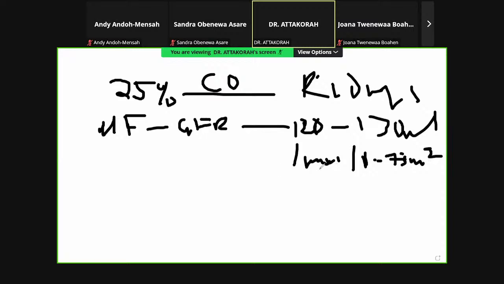That should be the ultrafiltration. The hydrostatic pressure gradient should be this for a normal individual.